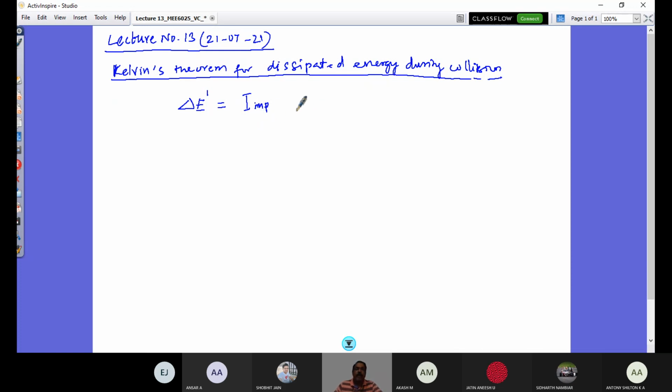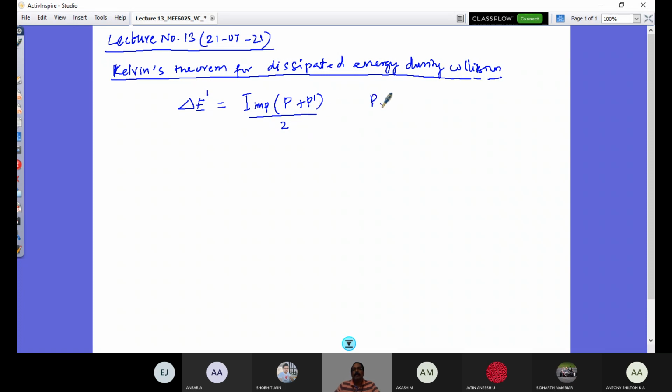during the collision multiplied by (P plus P dash) by 2. So IMP is the total impulse during collision, and within the bracket I have P plus P dash. What are this P and P dash?